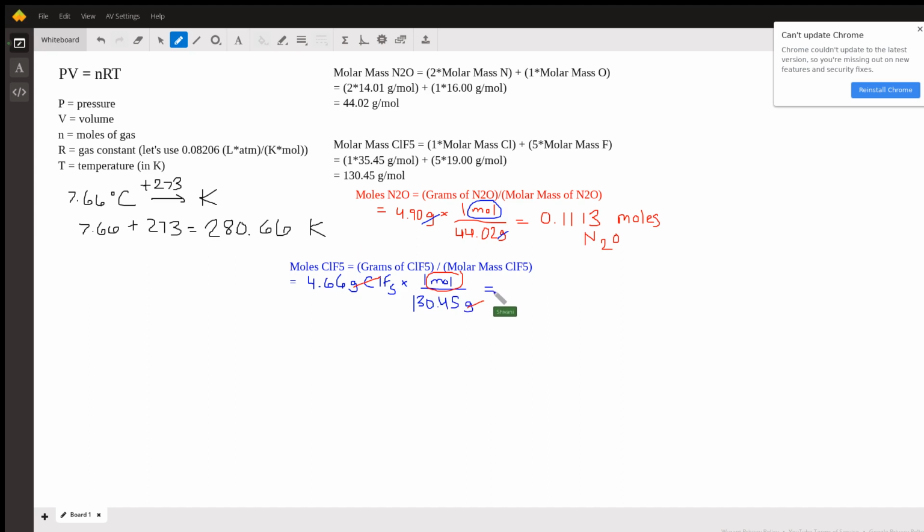When we plug this into the calculator, we get 0.0357 moles. Let me just mark these down on my paper real quick.